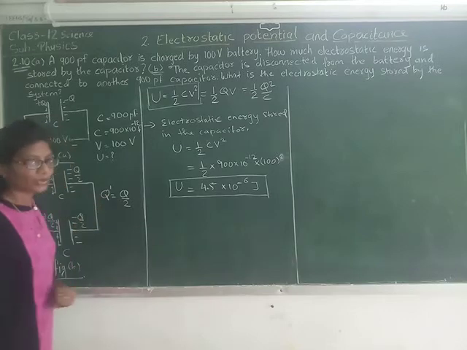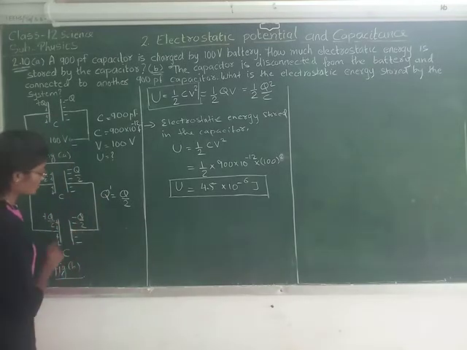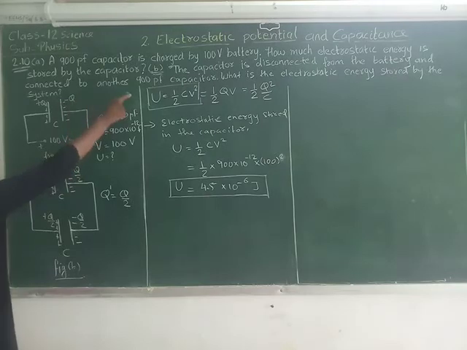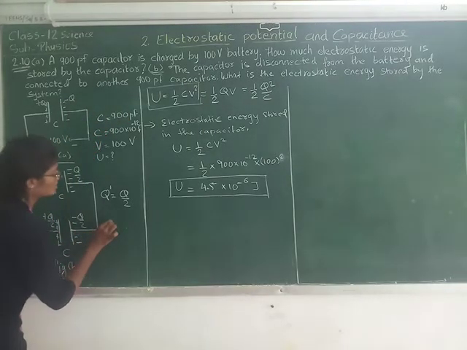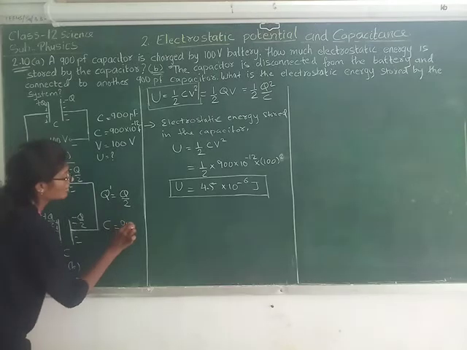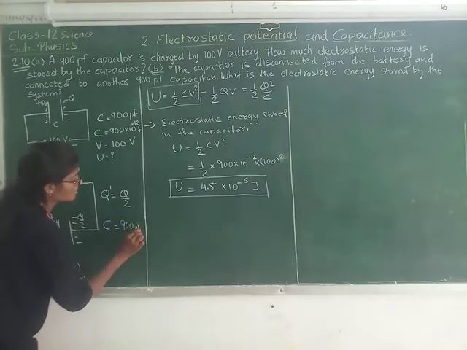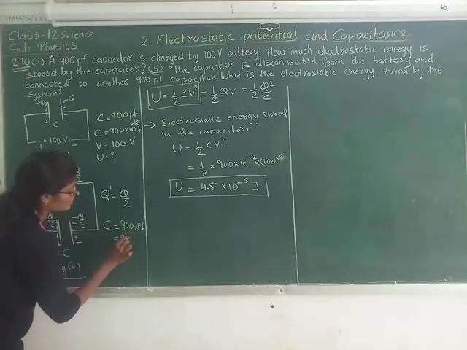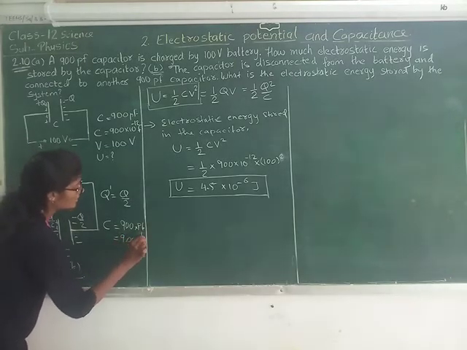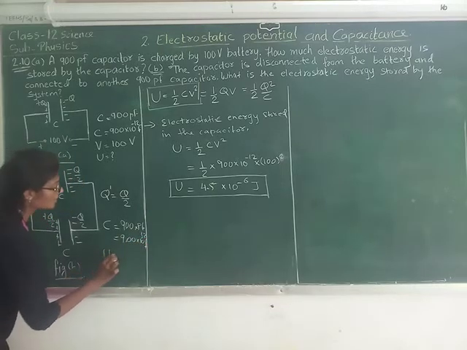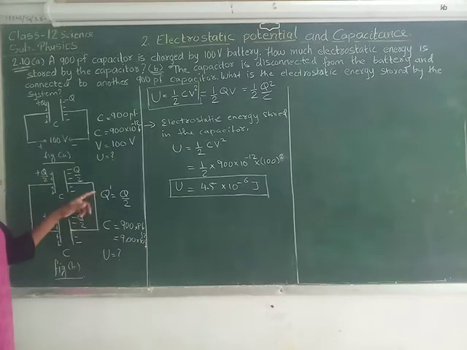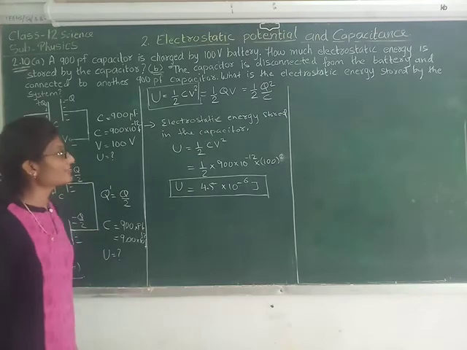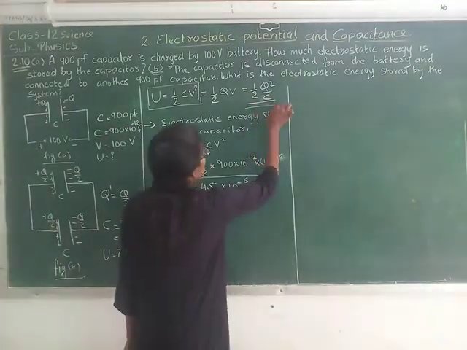And the capacitance is given as 900 into 10 raised to minus 12 farad, right? Again we need to find U. Here we have Q dash, we have C, and we need to find U. So which equation will we use?